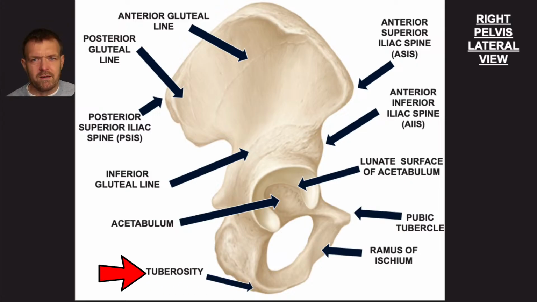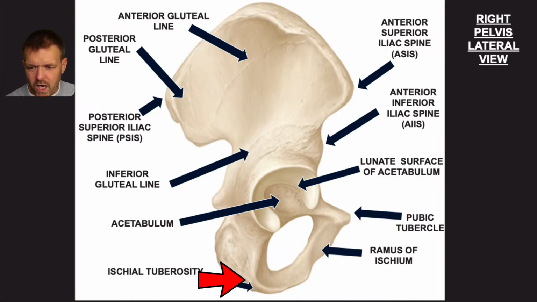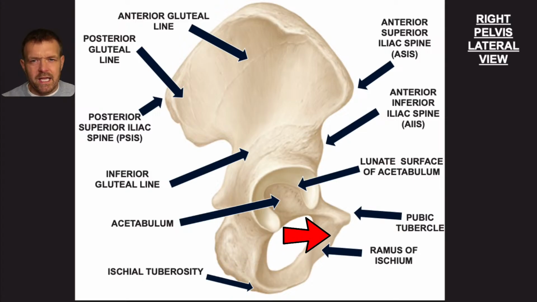So remember we were talking about tuberosities and tubercles. Tuberosity, so we've got a lumpy bit on the bum bones, and it's lumpy for a reason, because some muscles attach into there and they've made it lumpy. Okay, so that's that bit just there. Here's another one of those words that we saw at the beginning as well, ramus. So this is a branch of the ischium. Remember this region here was the ischial region.